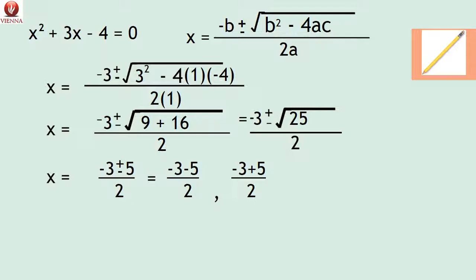So negative 3 minus 5 over 2, that's negative 8 over 2. And the other one, negative 3 plus 5 over 2, is 2 over 2. So our x value is going to equal negative 4 and 1. So this would also be expressed as x equals the set of negative 4 and 1.